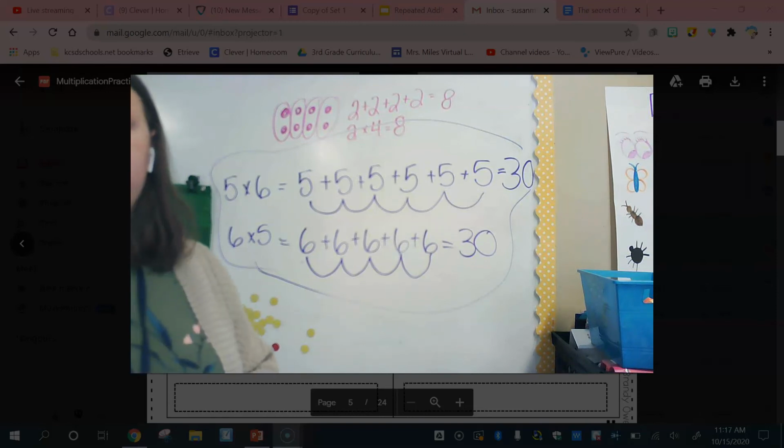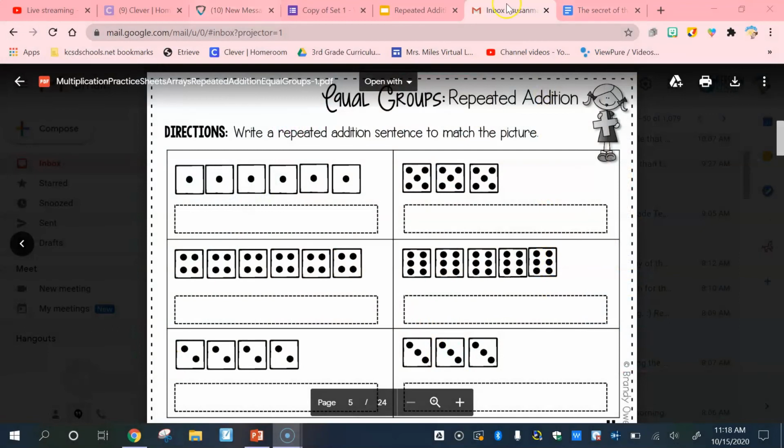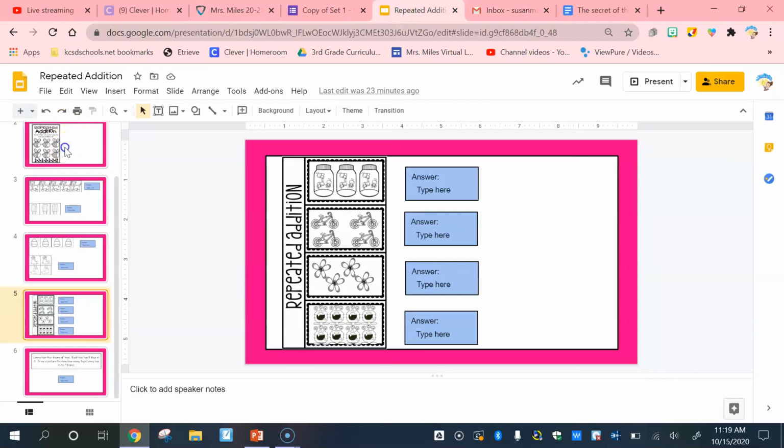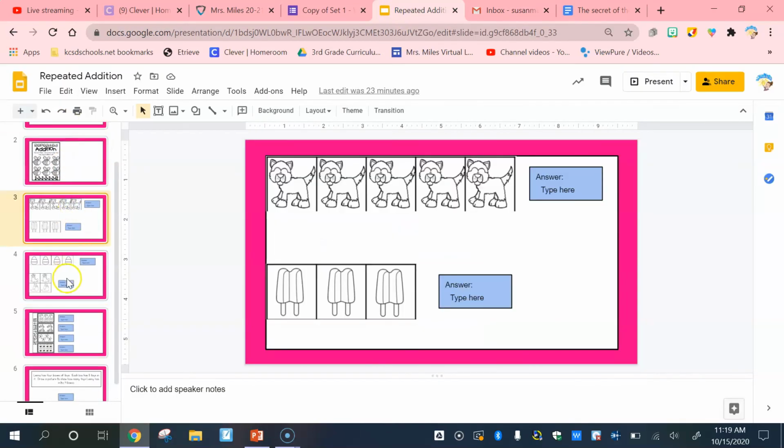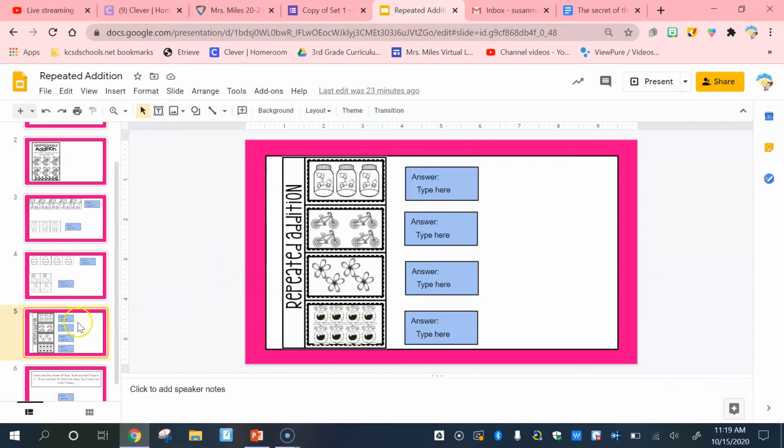So what you're going to do is go on your Google Slides and do the same thing like in the beginning. Sorry, I'm using a separate camera. So we did this, so you can just plug those answers in. You're going to see how many stripes there are in all, how many legs there are in all, how many bugs, how many wheels, how many petals, and how many eyes, okay?